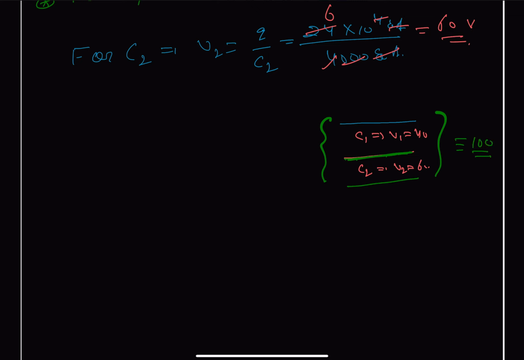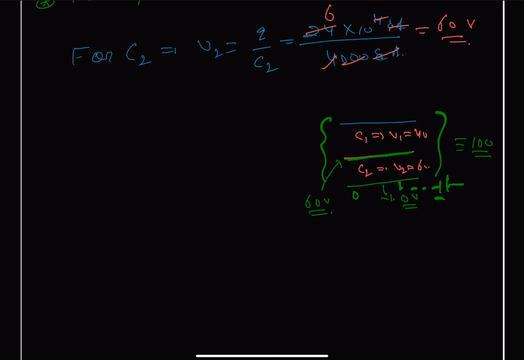If we assume that the lower plate of C2 is 0 volt or connected to ground, from the figure also we can see that this plate is connected to the negative part of the supply. So this will be 0, and automatically the foil is going to have a potential of 60 volt.